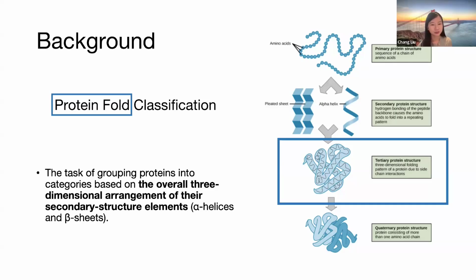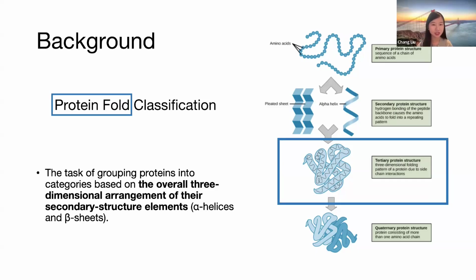We can take a look at the picture on the right side. This picture illustrates the hierarchical organization of protein structure. The primary structure is the linear sequence of amino acids, which determines how local secondary structures such as alpha helices and beta sheets form through backbone hydrogen bonding.